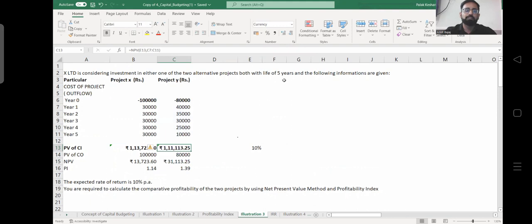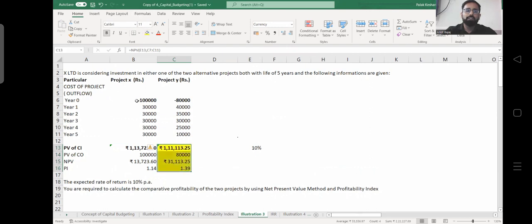PI of project Y is more and also NPV is more. So which project will you start? Obviously, the project that is giving you more return.